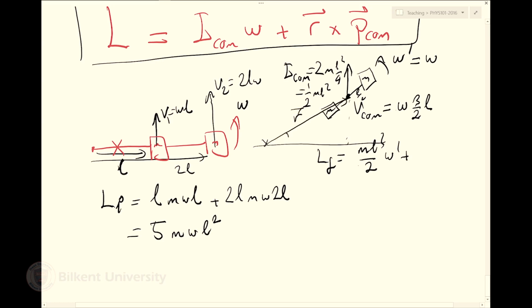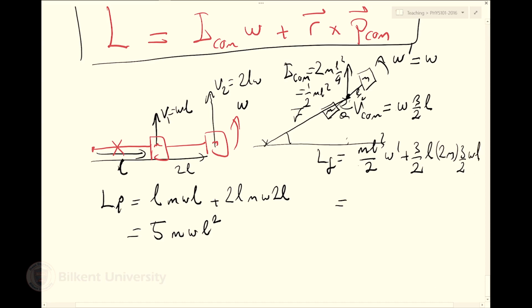What's r? R sine theta is 3/2 L, and total mass is 2m. The center of mass velocity is 3 over 2 omega L.